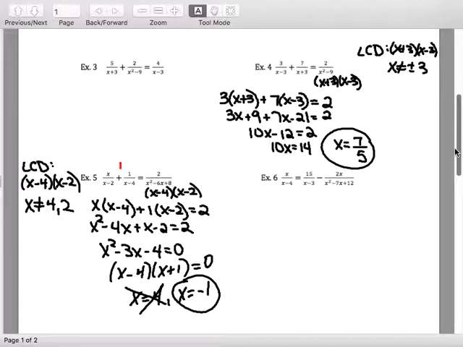So I put a check mark if it was correct. I put an X if it was incorrect. Again, on these corrections, if you are happy with your score, you do not have to redo it.